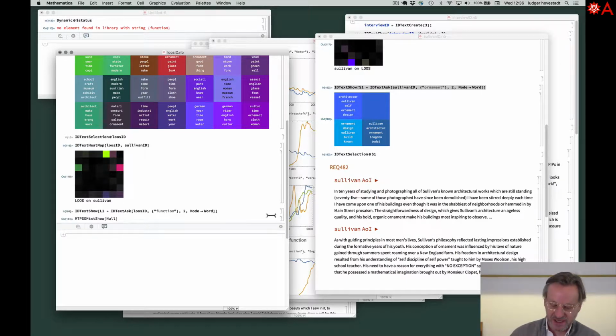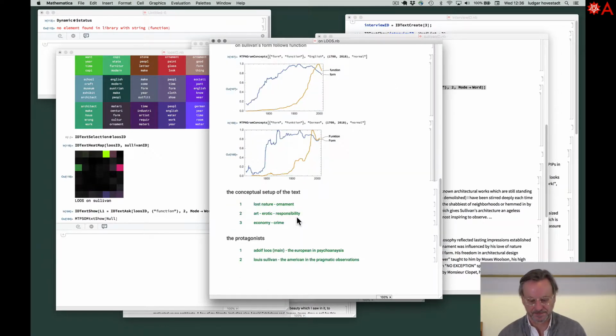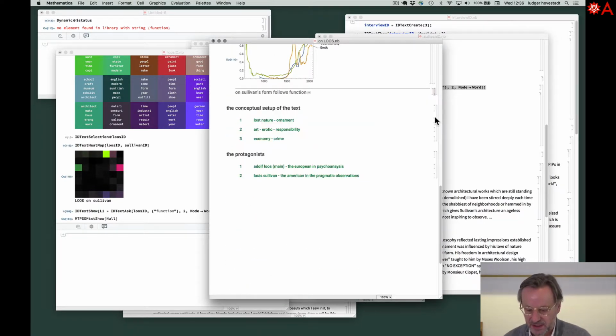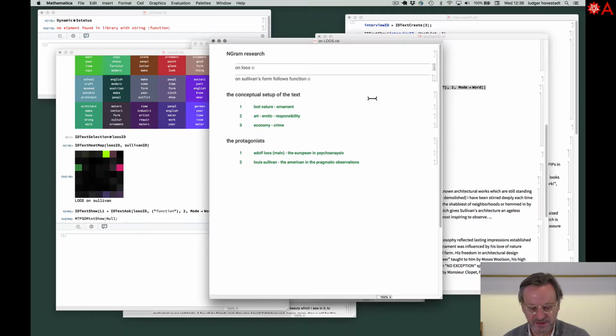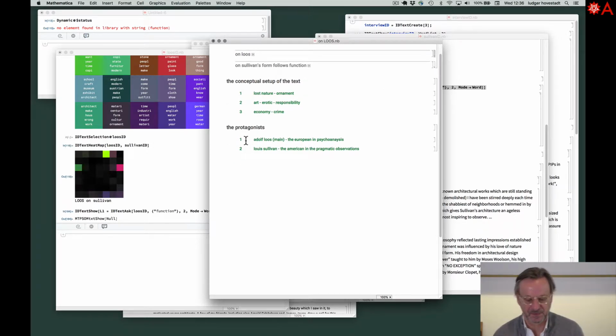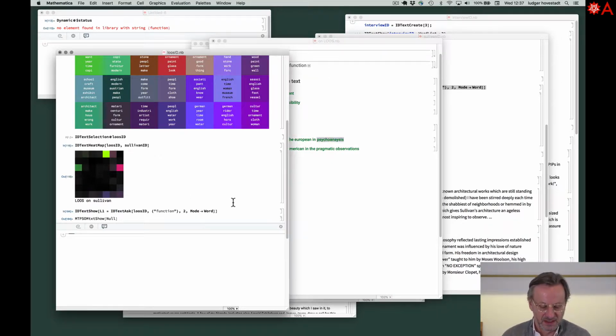To summarize, I would say, now we had this research here on Loos and on Sullivan's form follows function. Therefore, I would say we now have two protagonists. The first is Adolf Loos, our main protagonist. I would say it's the European, and he's in psychoanalysis. You can look it up.